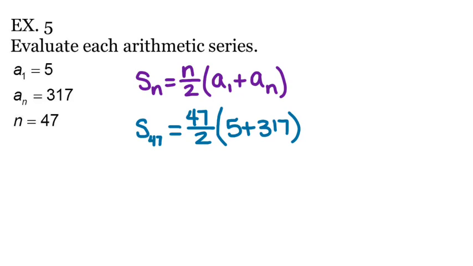So if you just type that in your calculator, it turns out that S sub 47 is 7,567. So if I was to figure out what the common difference was between this sequence of numbers, and if I listed out all of those terms from the first term, which is 5, all the way to the 47th term, which is 317, and I add those all up, it would give me 7,567.